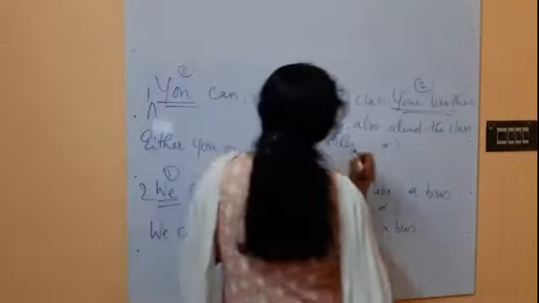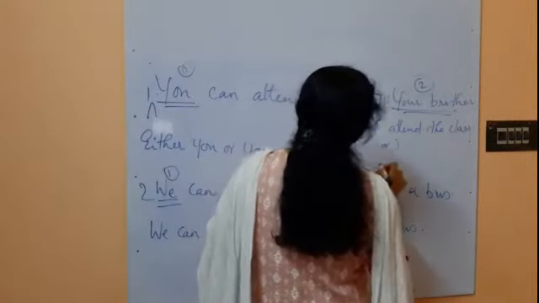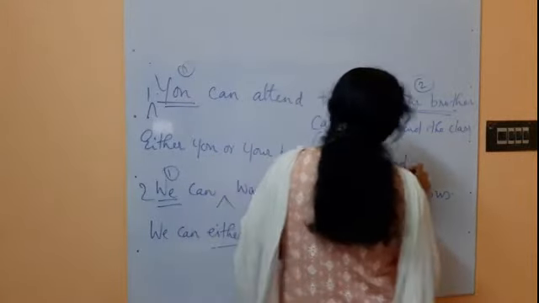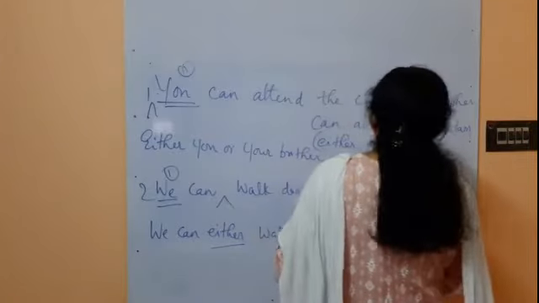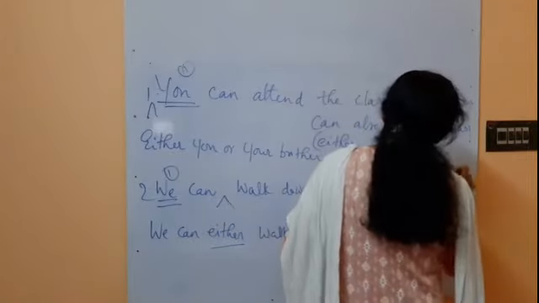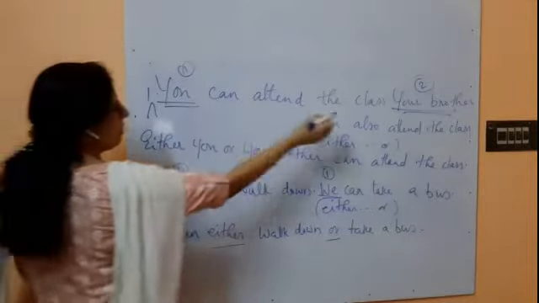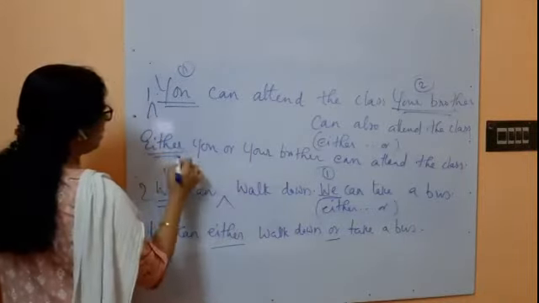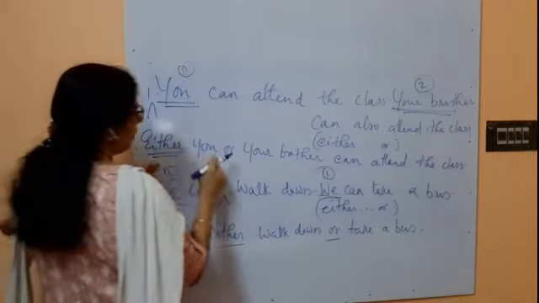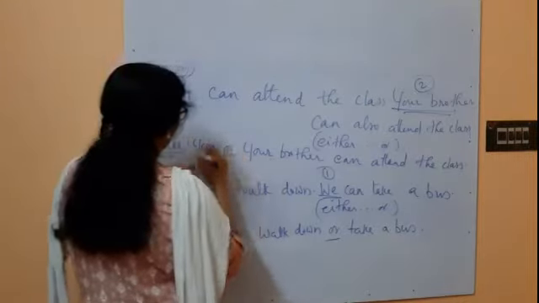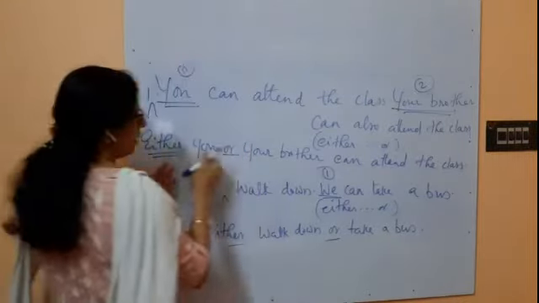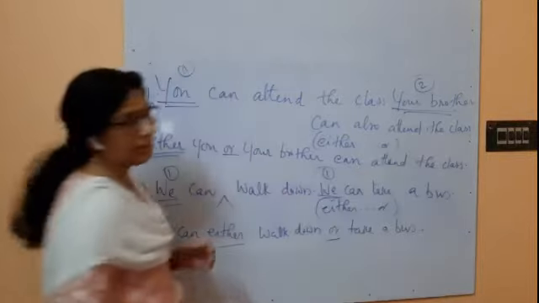Either you or your brother can attend the class. As it is a modal auxiliary, there is no change. Can attend the class. Here both the subjects are different, so that is why we have started with the conjunction. Either you or your brother, either or, in the beginning itself we have inserted, either you or your brother can attend the class.